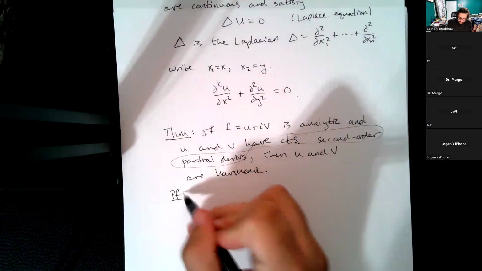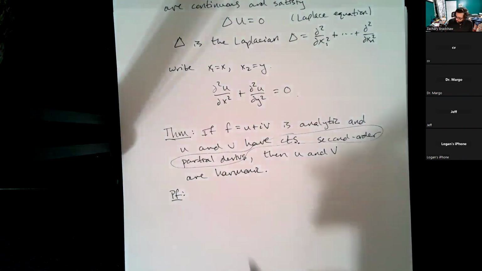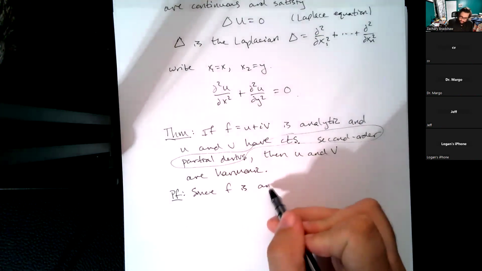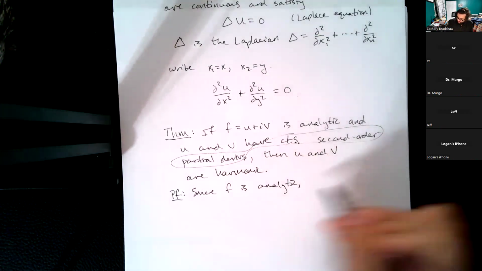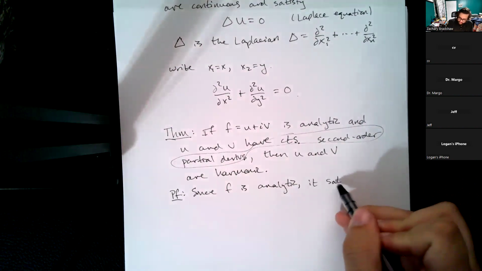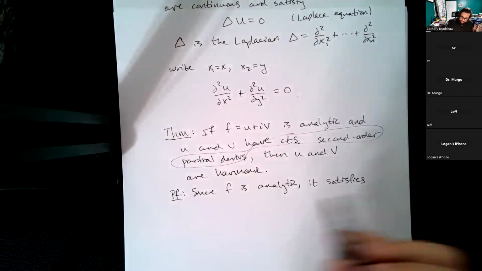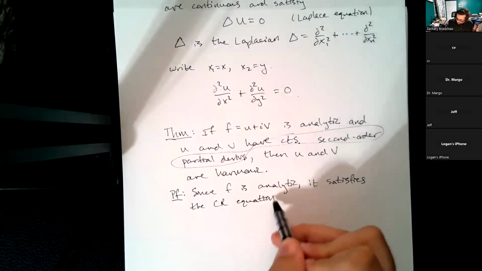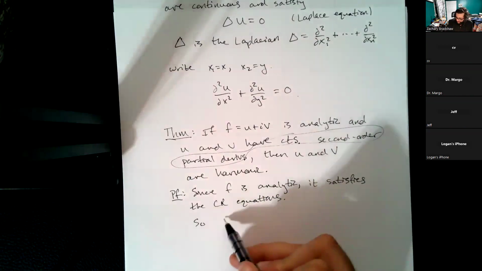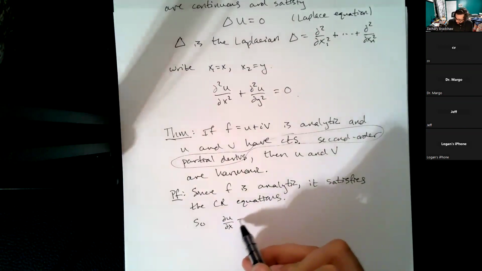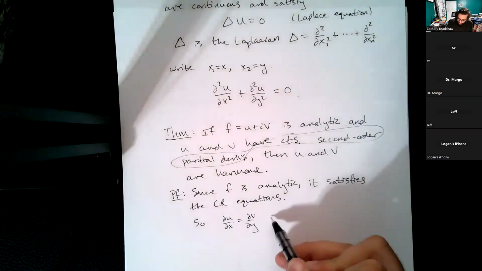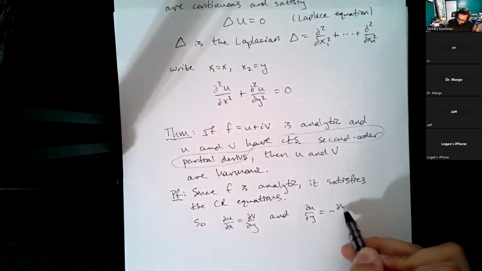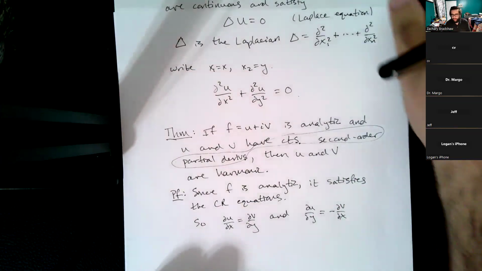Okay, so since f is analytic, it satisfies the Cauchy-Riemann equations. So that means that we have du by dx is dv by dy, and du by dy is minus dv by dx. Right? These are our Cauchy-Riemann equations.